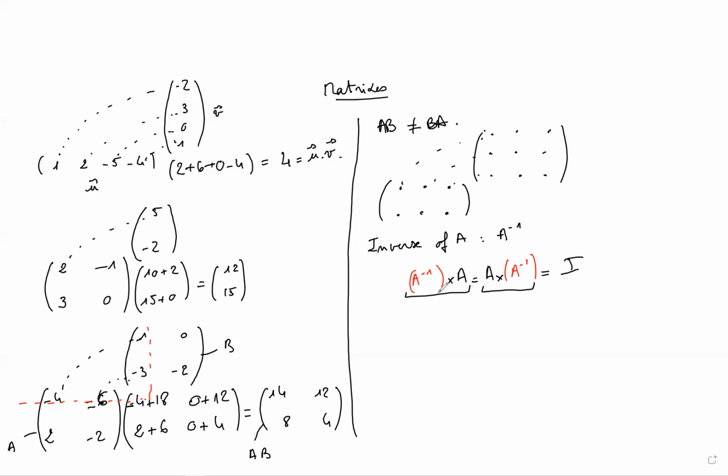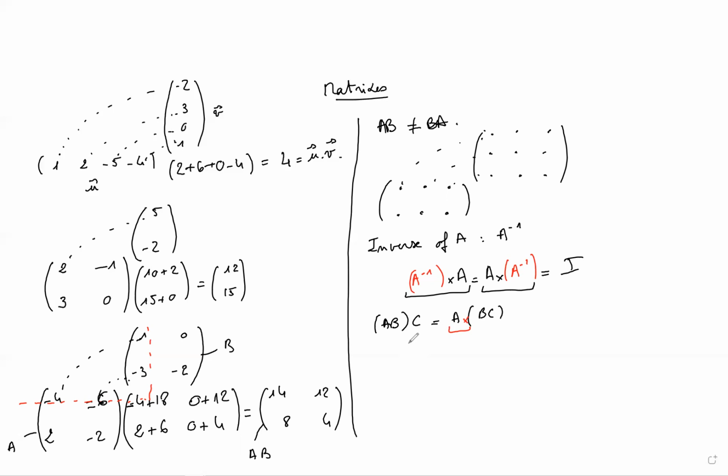Now you have all the ordinary properties of a product. Like if it's associative, it means if you compute A times B and then times C, it's the same result as computing B times C and then multiplying by A. Be careful, because as it is not commutative, when you multiply by A on the left, you won't get the same result as when you multiply by A on the right.